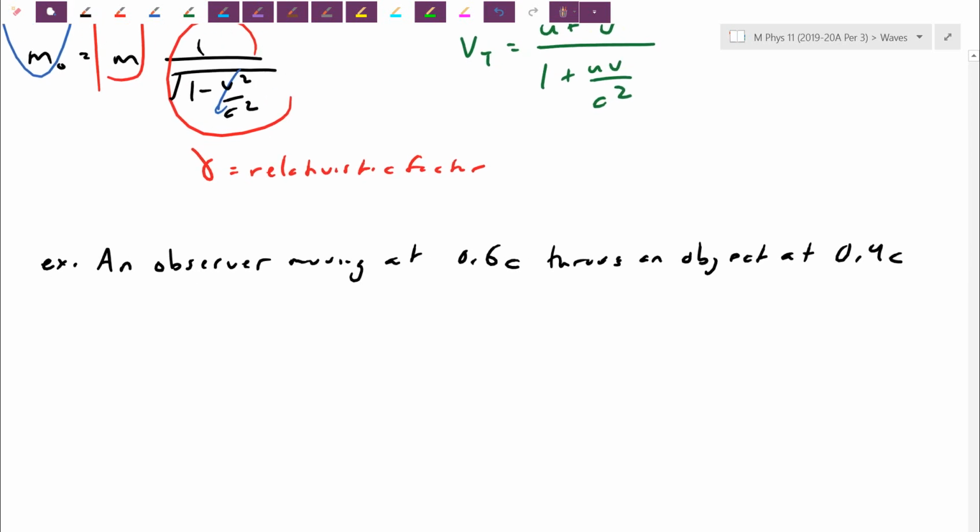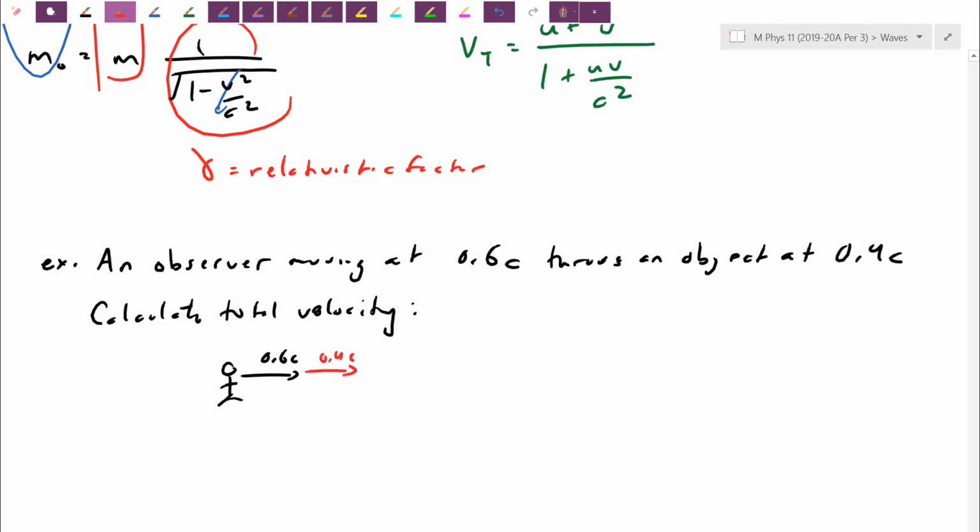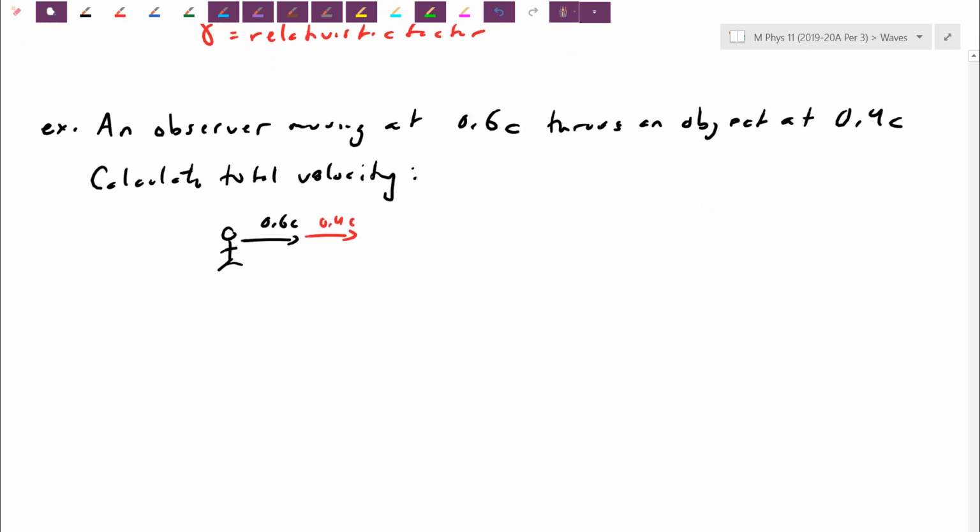I want you to calculate the total velocity. If it wasn't for relativity, we'd just say, oh, the observer was already going 0.6, and now he throws an additional 0.4 relative to him. Well, just add those two. Well, he just threw it at the speed of light. We're going to use that relativistic formula to actually figure out what it is.